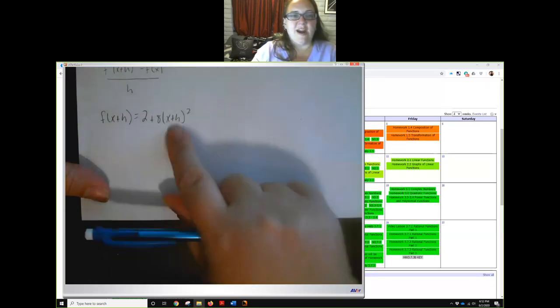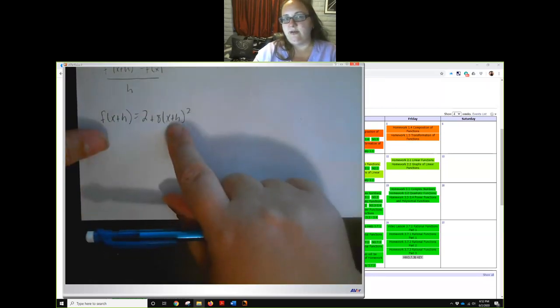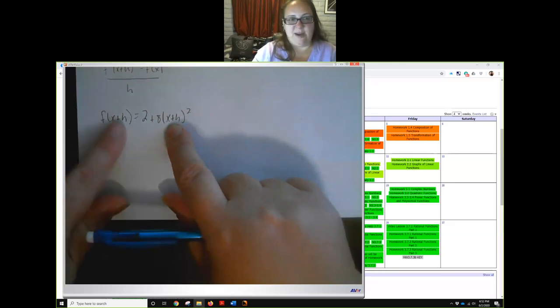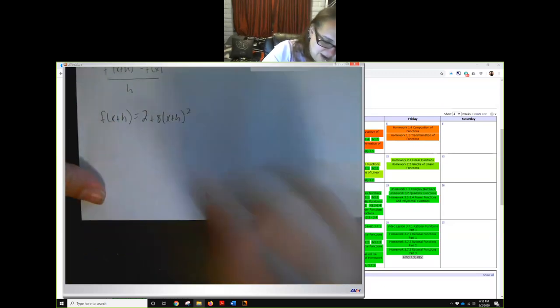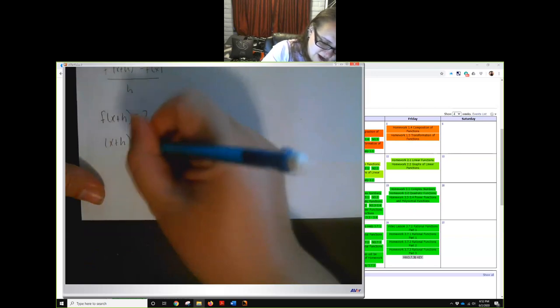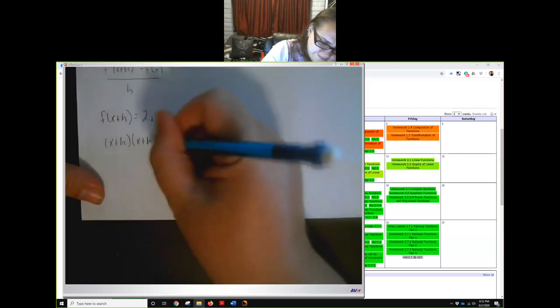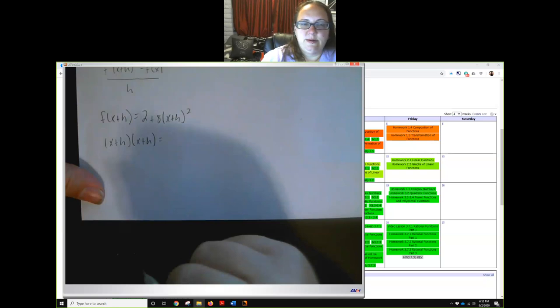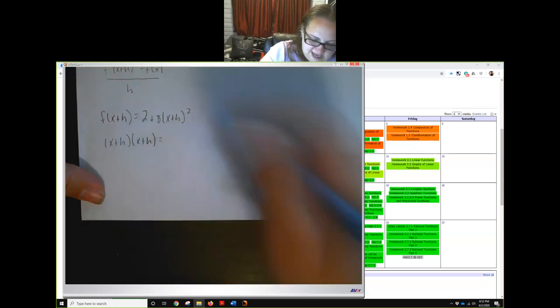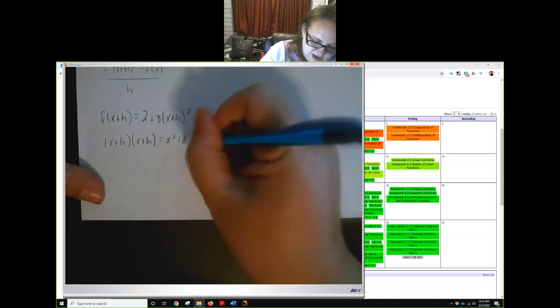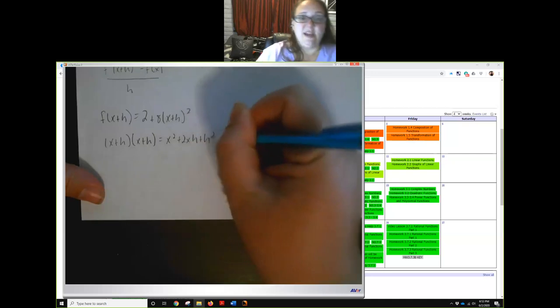Instead of a u right there, I put x plus h. Whatever this is, that's what I plug in. Now, x plus h squared is x squared plus 2xh plus h squared.